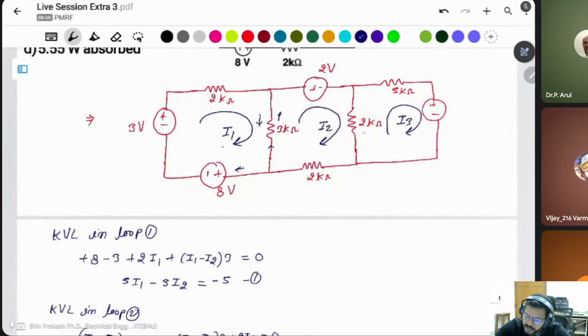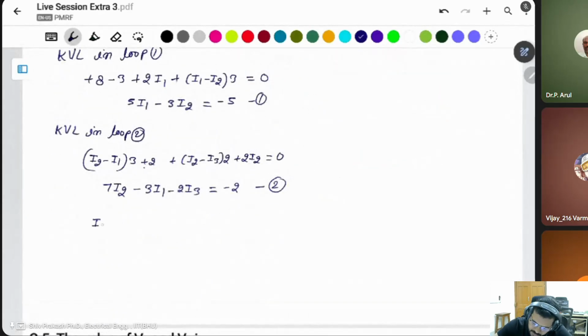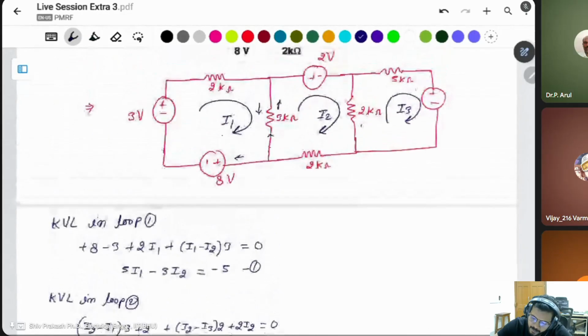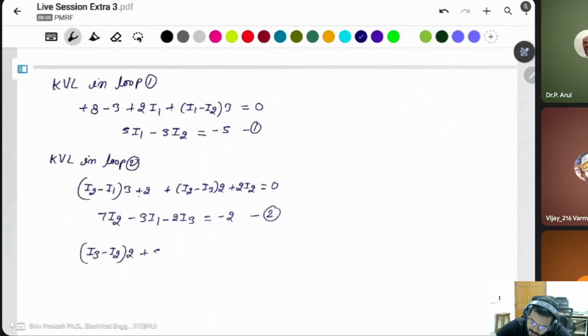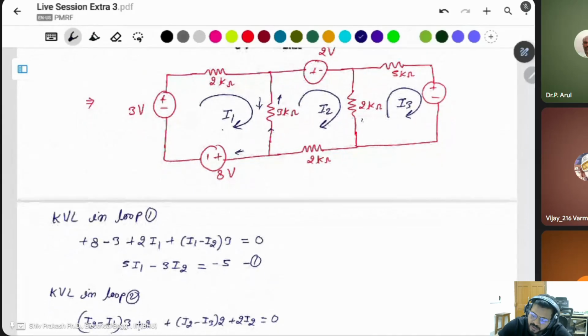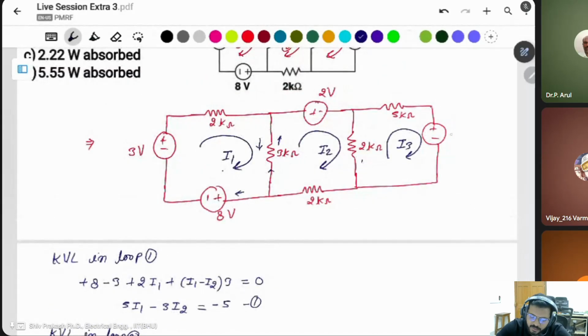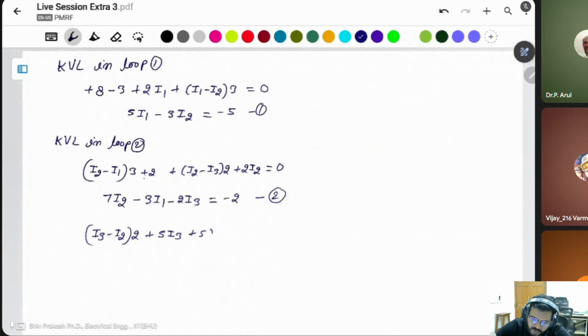KVL in loop third, started here. Suppose 2 kilo ohm, current in this case is I3 minus I2. (I3 minus I2) into 2 plus 5I3 plus this voltage is 5 volt, plus 5 volt is equal to 0.